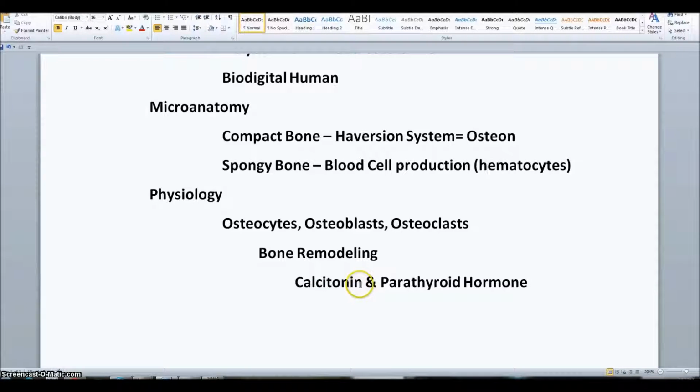Calcitonin is a hormone that's made in the thyroid gland, and it causes bone to build. Parathyroid hormone is made in the parathyroid glands, which are small little bodies within the thyroid gland, and they cause bone to be resorbed.